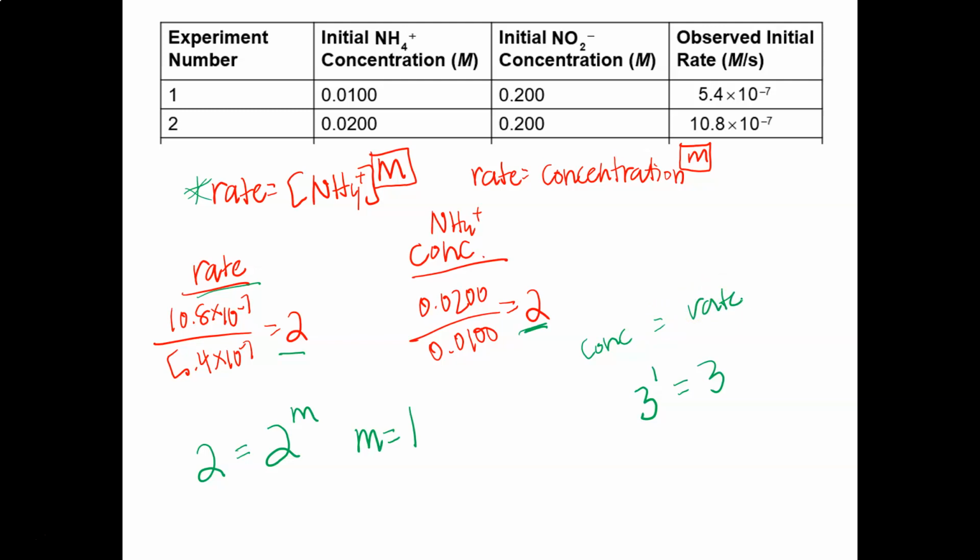If I took the concentration times 5, 5 to the first power, the rate would go up by a factor of 5. That's what this lets me do. Knowing that power, which we call orders, ammonium is first order. So we know ammonium raised to the first power is how it's related to the rate.